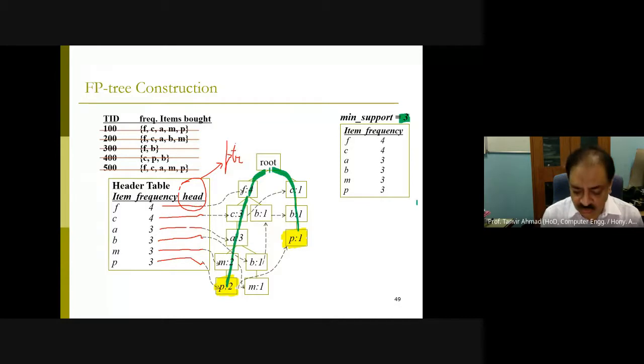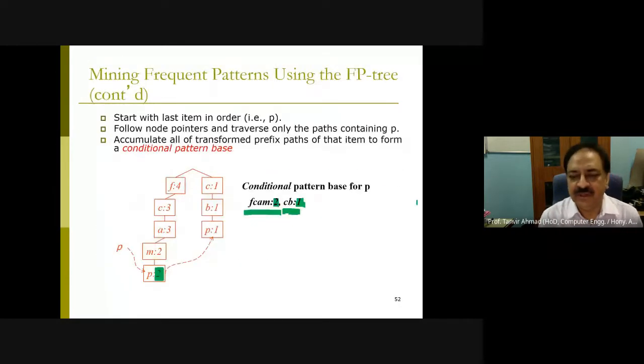Therefore, you have to only take those items which have support 3. अब इसमें F का सपोर्ट क्या है, 2, A का सपोर्ट क्या है, 2, M का सपोर्ट क्या है, 2, B का सपोर्ट क्या है, 1, C का सपोर्ट क्या है, बताओ। C का सपोर्ट क्या है, 2 plus 1, 3, because C will also come in FCAM and C will also come in CB.